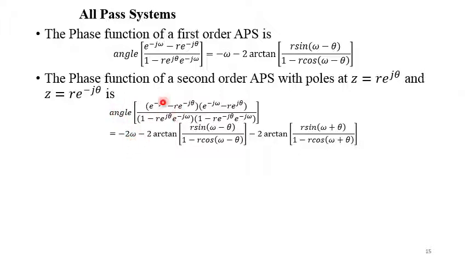That's the expression for the second order system. It is equal to minus 2 omega minus 2 tangent inverse of this, and then we have minus 2 tangent inverse of this one.